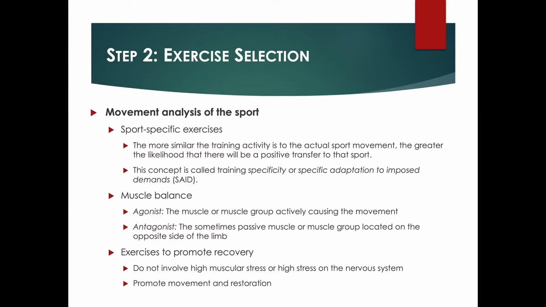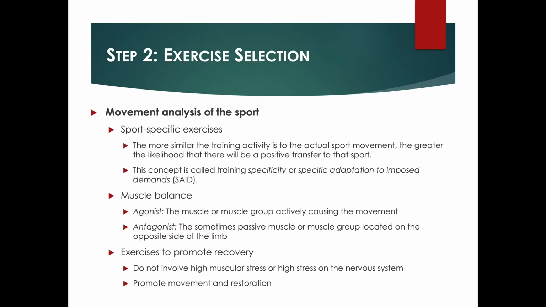So this concept is called training specificity, or specific adaptation to imposed demands. Okay, so the SAID principle is basically you're only going to make adaptations to a system if you specifically train that system. You put a stimulus on that system itself and you push it further past the point that it's comfortable at.